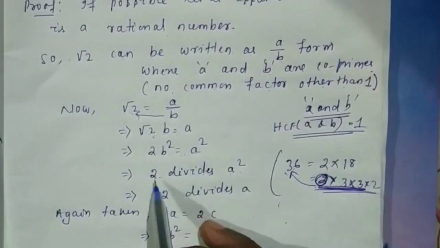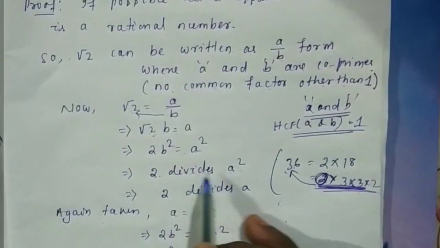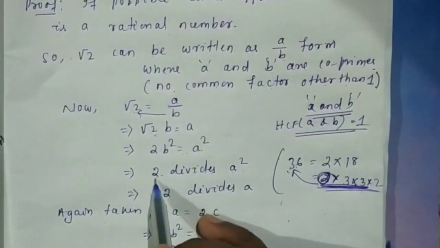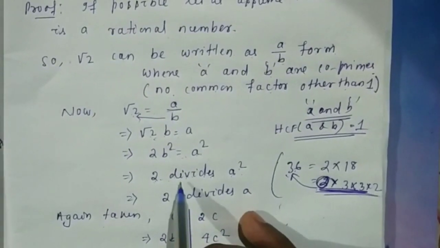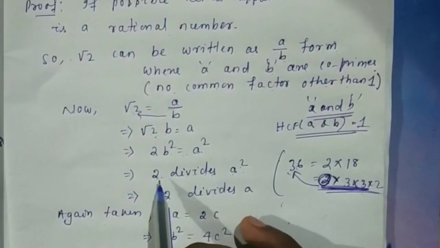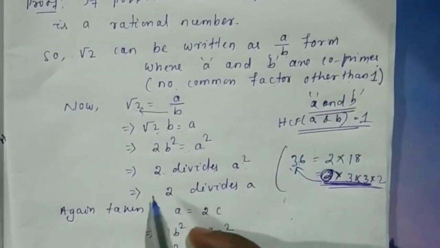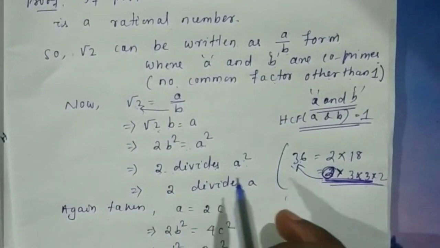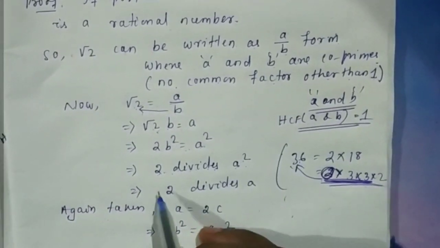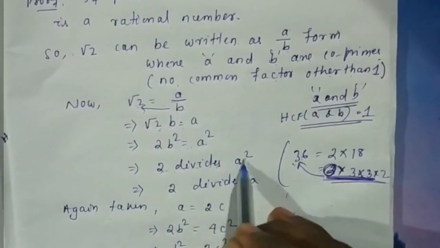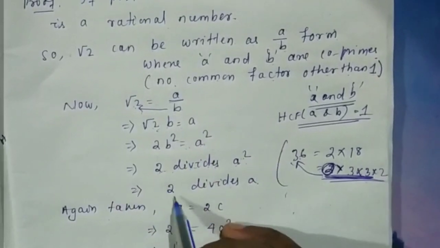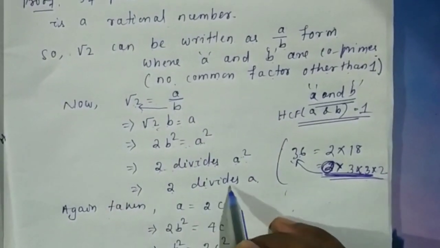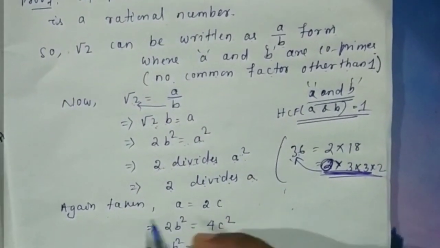This means 2 divides a square, means 2 is one of the factors of a square. In the previous theorem I explained, if p divides a square, then p also divides a. Similarly, if 2 divides a square, 2 also divides a. That means 2 is one of the factors of a.